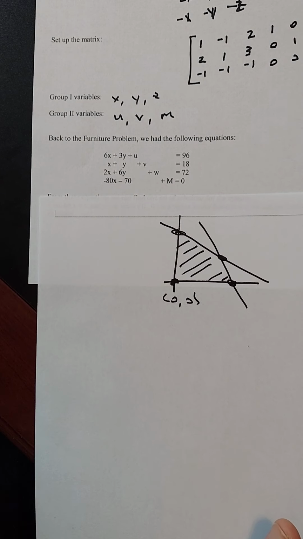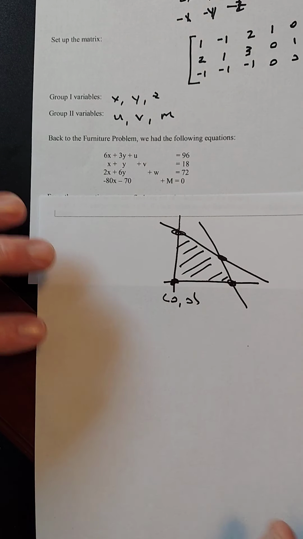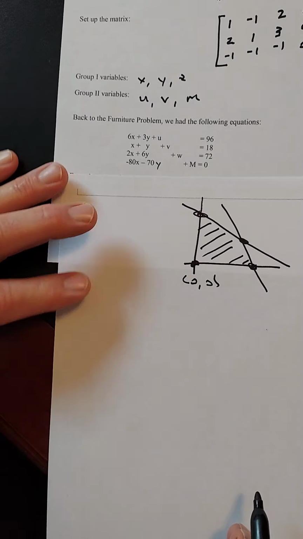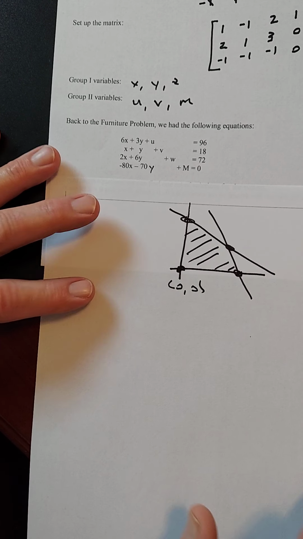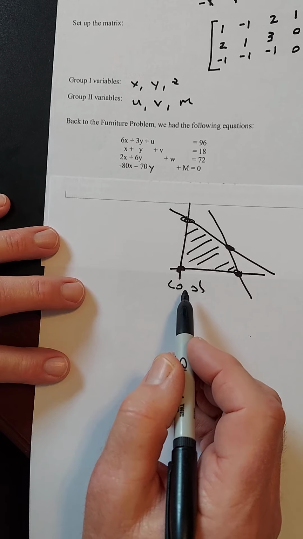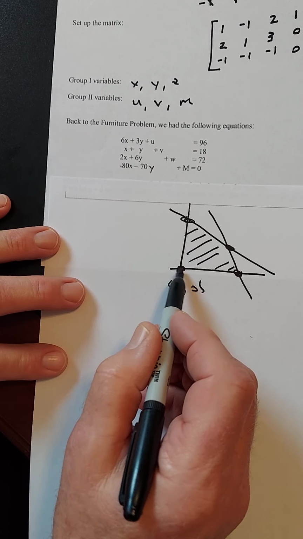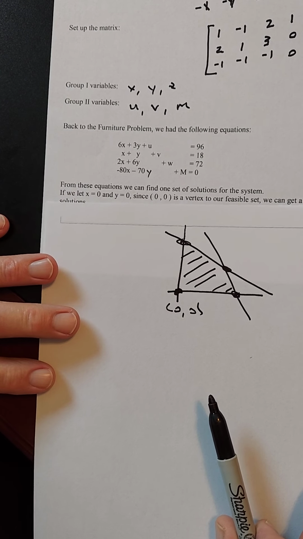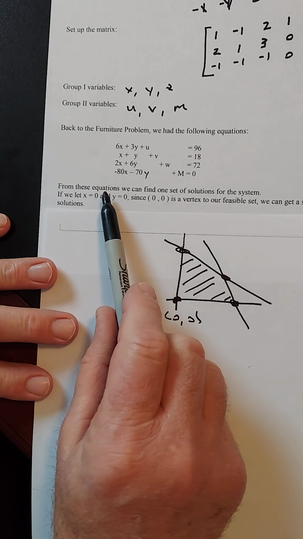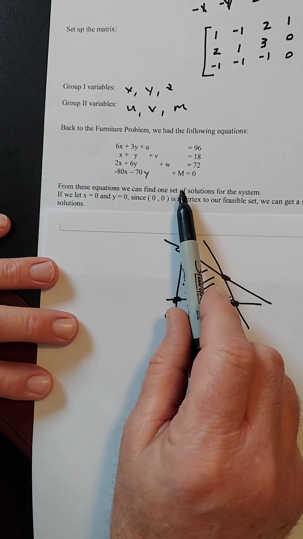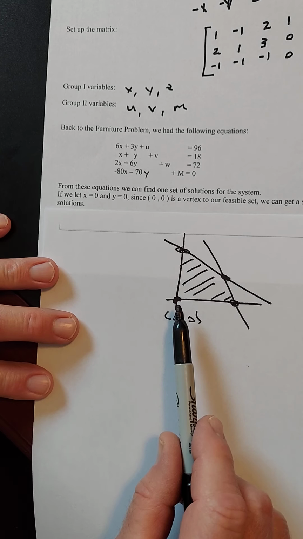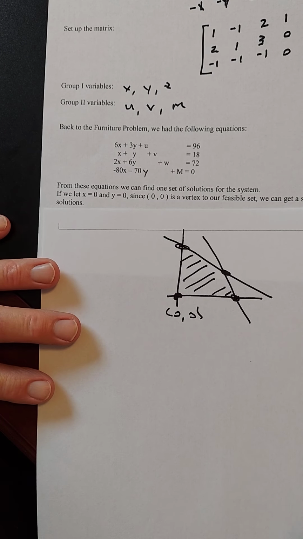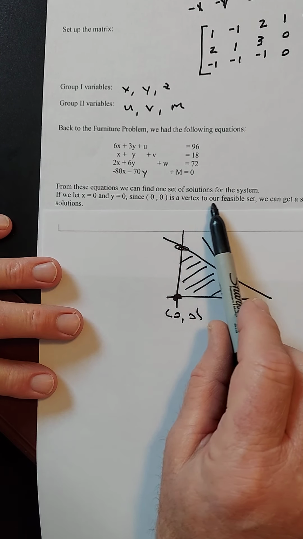Okay. So if we go back to this problem right here, there's supposed to be a y there. Okay, and let's say, since we know this is a solution, the question will be, from these equations, we can find one set of solutions for the system. Since we know 0, 0 works, we can let x equal to 0 and y equal to 0, because we know that's a vertex of our feasible set.